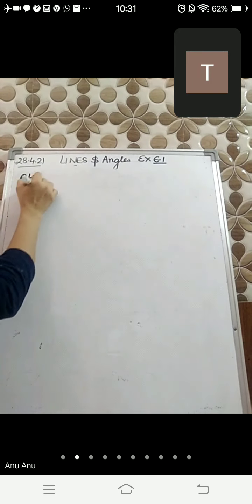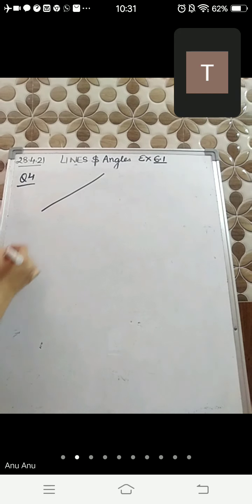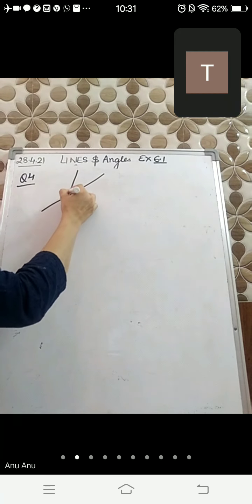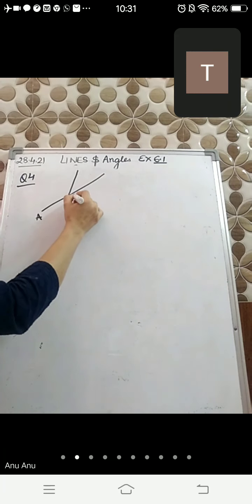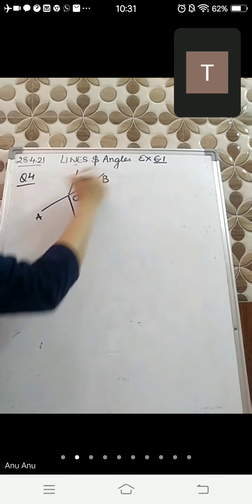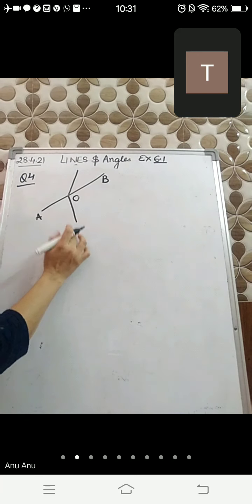So in question number 4, you are given one straight line, but the other line is not intersecting. It is in this form. This is your AOB. You have to prove that AOB is a straight line, but this line is not straight.